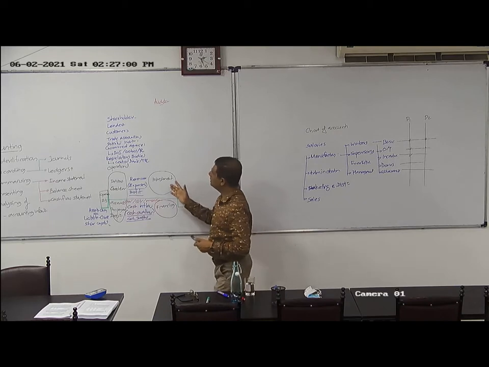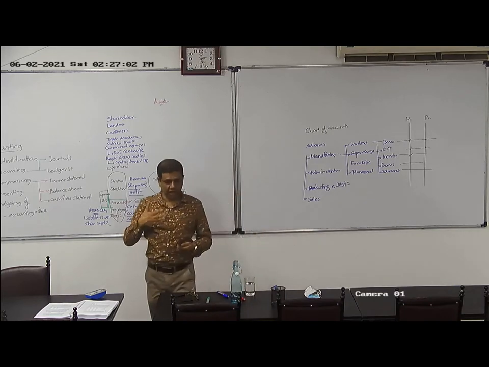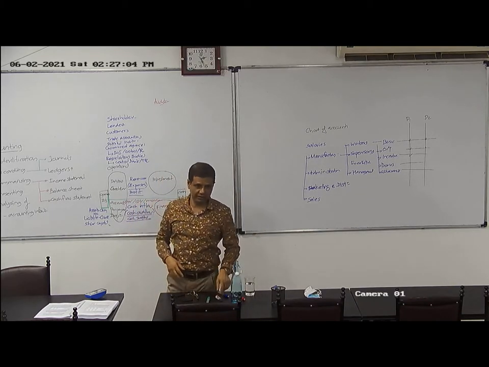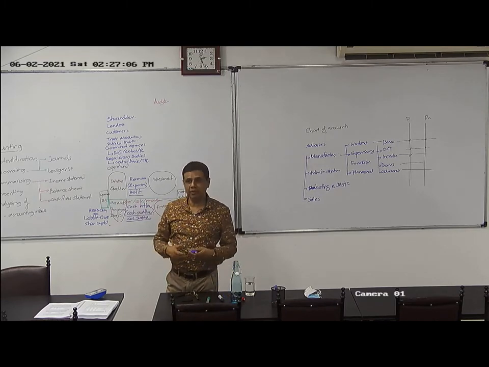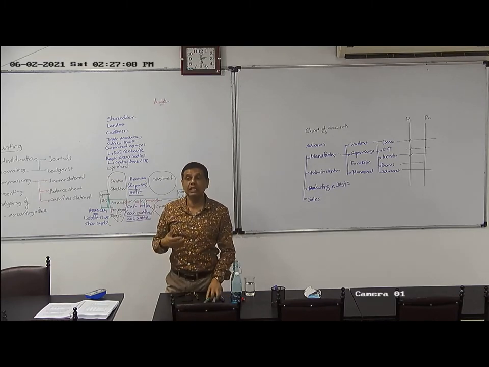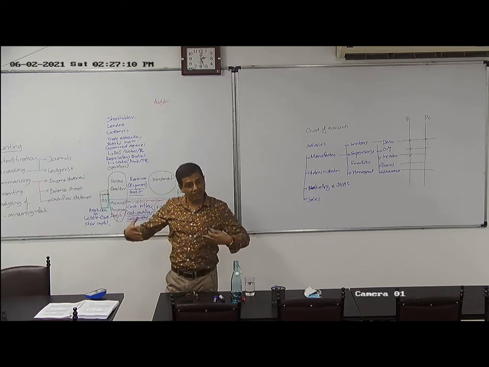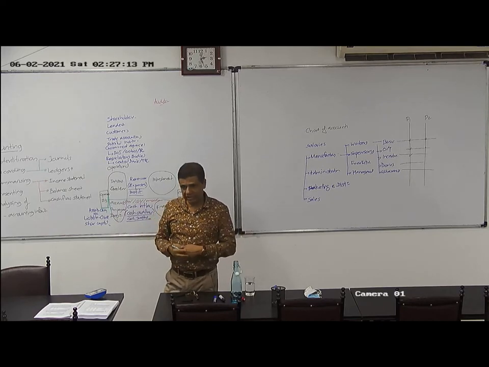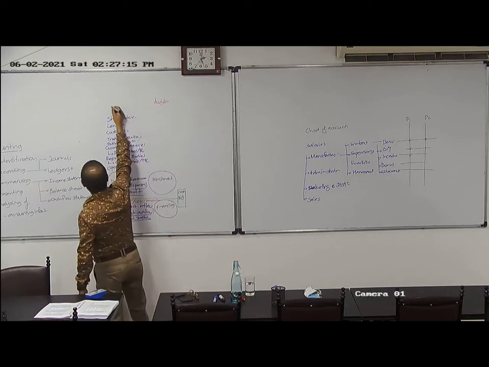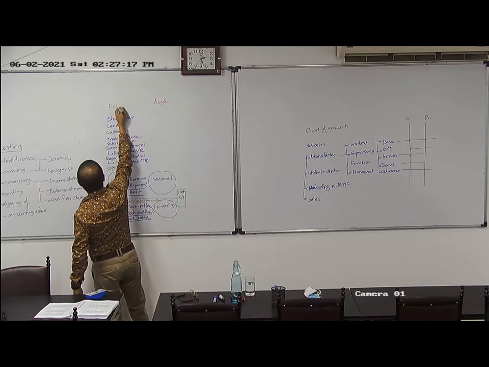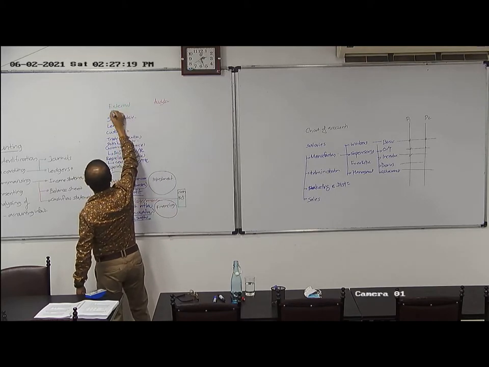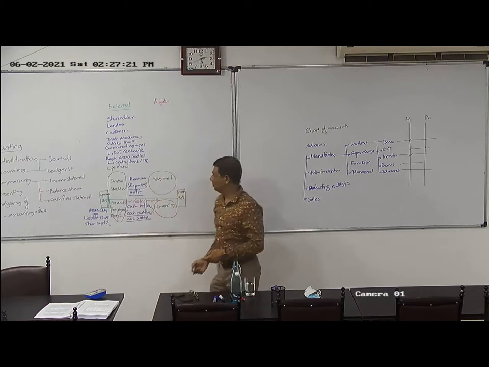All these parties are not the people who are running the business on a day-to-day basis, but they will need this information because they have various stakes in the organization. So we call them external stakeholders.